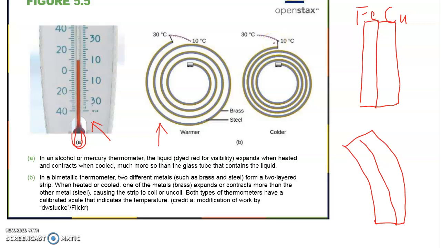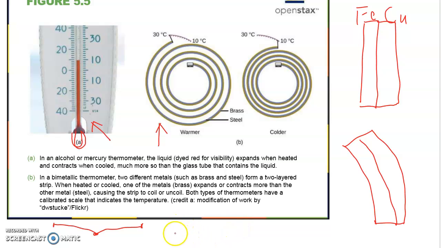There are other types of thermometer. For example, a thermocouple. Some of you may have heard about it before. That is based on the different voltage when you have two different metals in contact together. Let's say I have one piece of metal on the left side and one on the right side. If I measure the voltage at the two ends, the voltage will depend on the temperature.